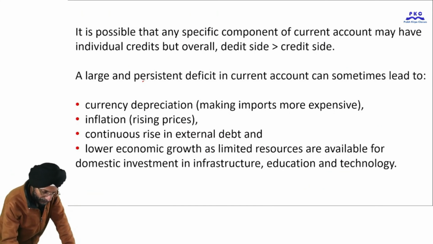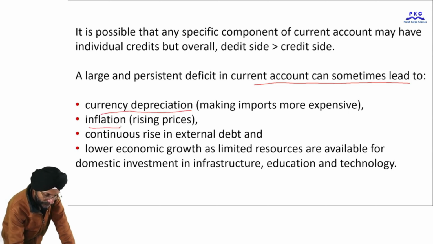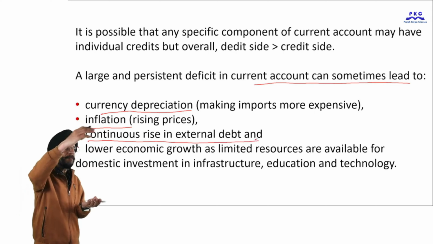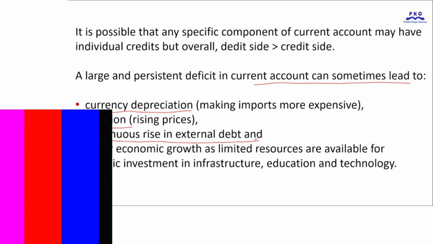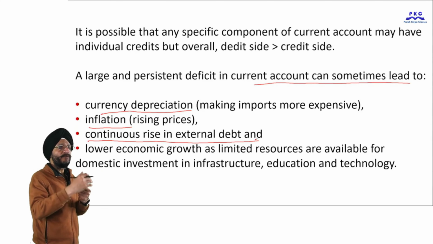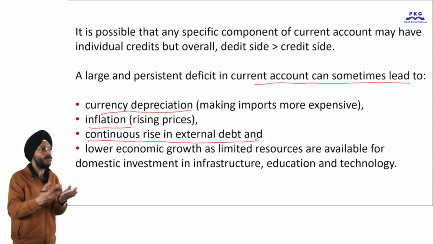A large and persistent deficit in the current account can sometimes lead to currency depreciation, inflation, and a continuous rise in external debt. When we have to make more and more payments outside, as our imports are more and our exports are less, we may have to resort to external debt.